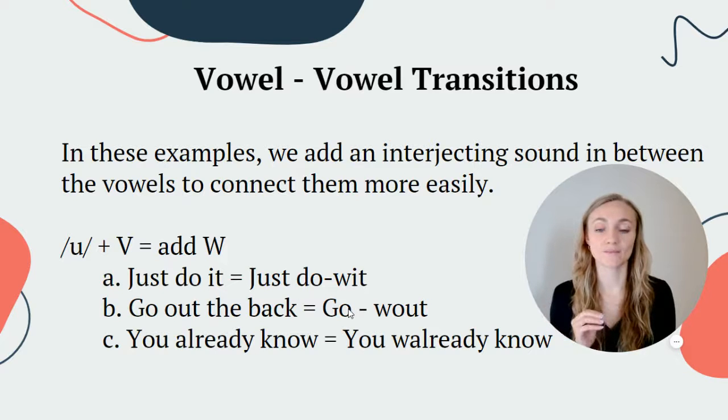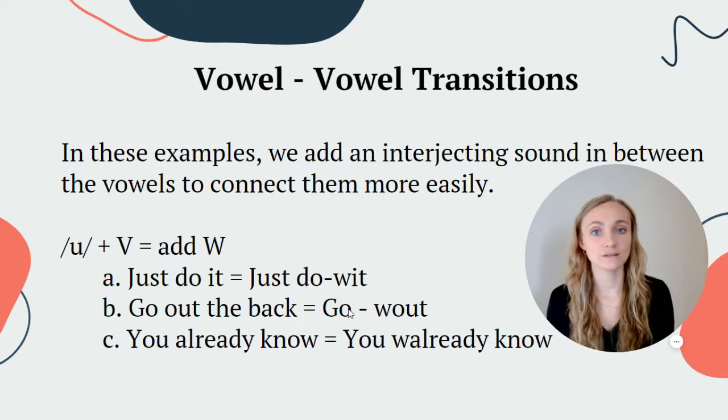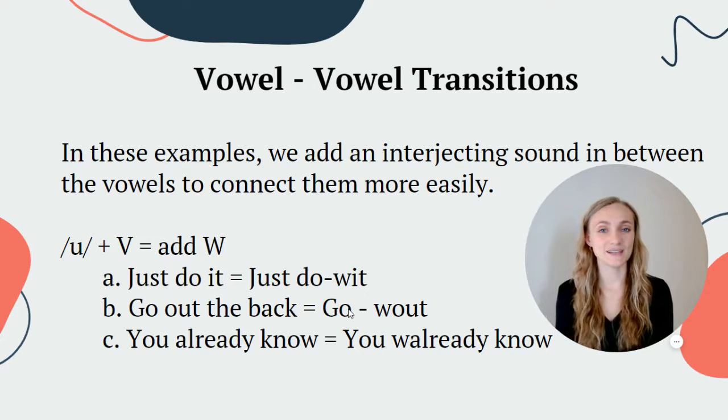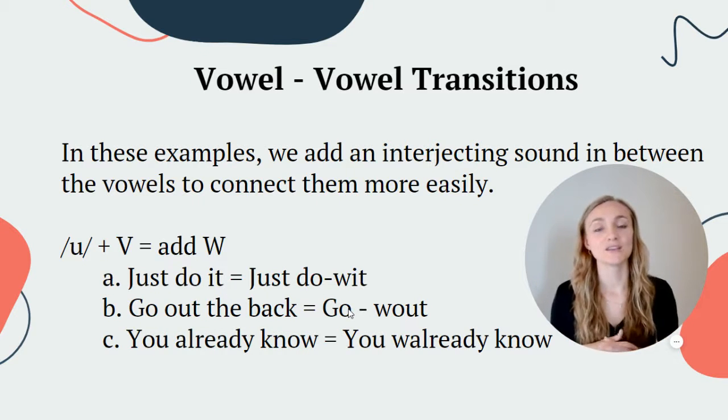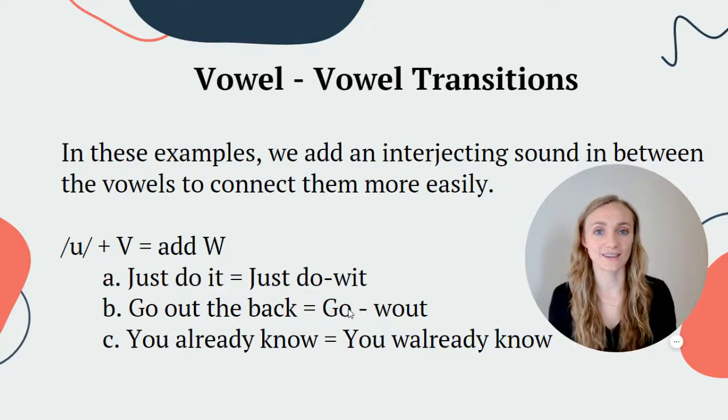You already know will not have a pause. It'll sound like you already know. So in that case, we need to look out for interjecting sounds that will help connect those words together. So be aware of that when you are listening to others speak.